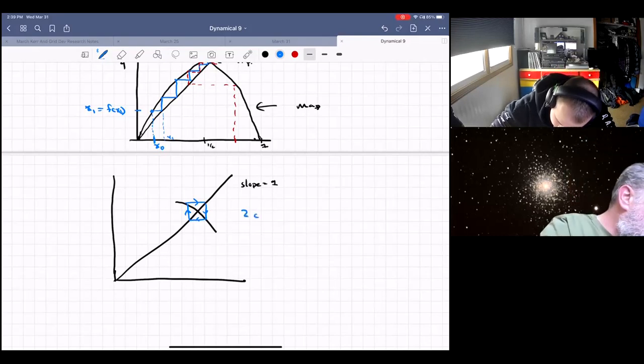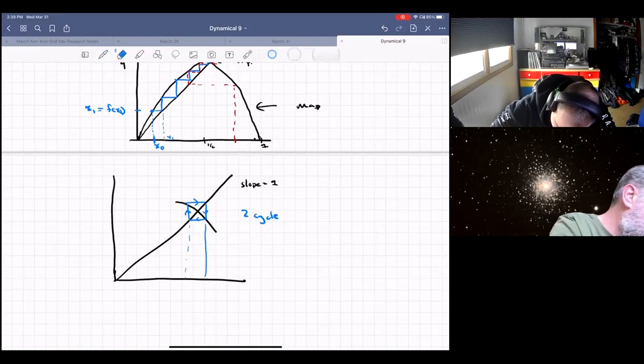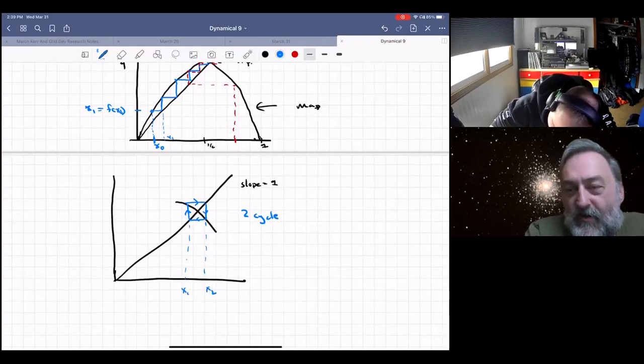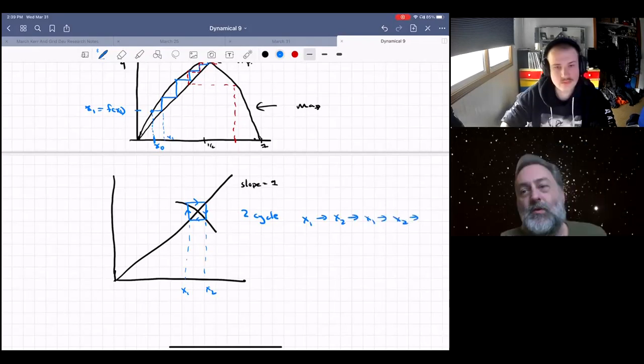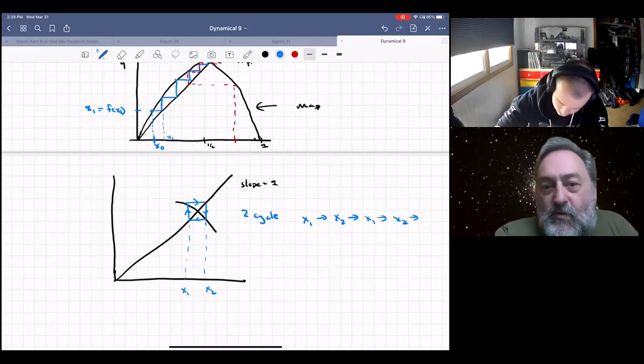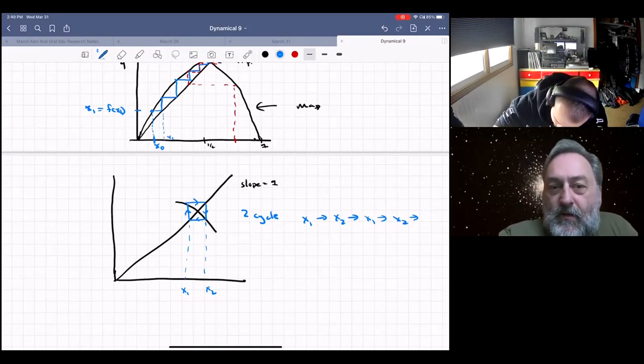And when you do that, you have a 2 cycle. You have 2 values, x1 and x2, that are mapping into each other. So x1 is going to x2, is going to x1, is going to x2. So you can see how you might construct a 2 cycle using this sort of spider web diagram.